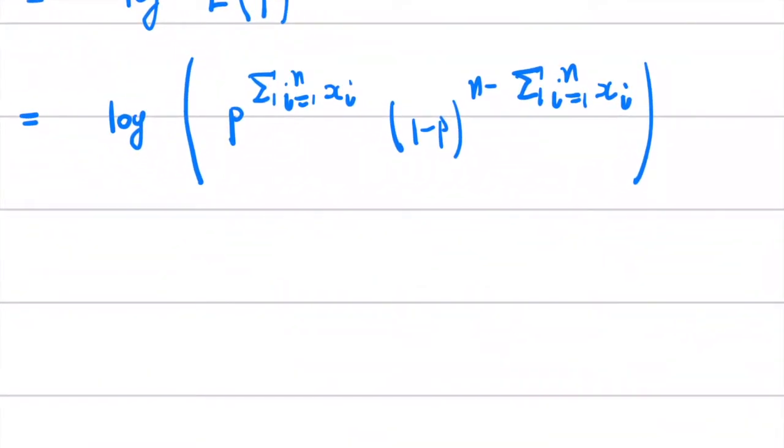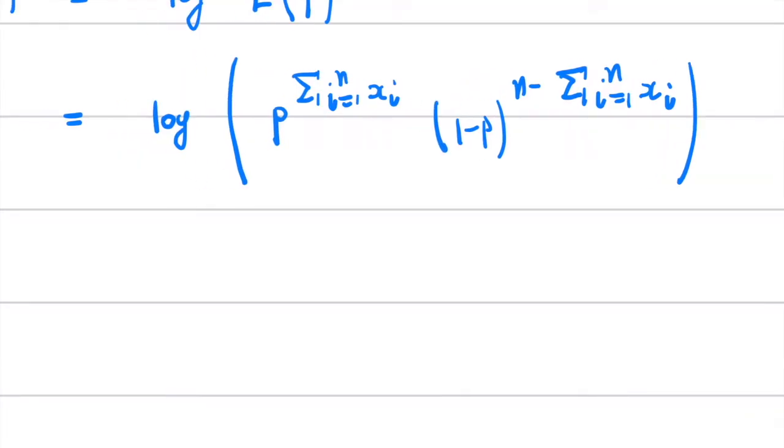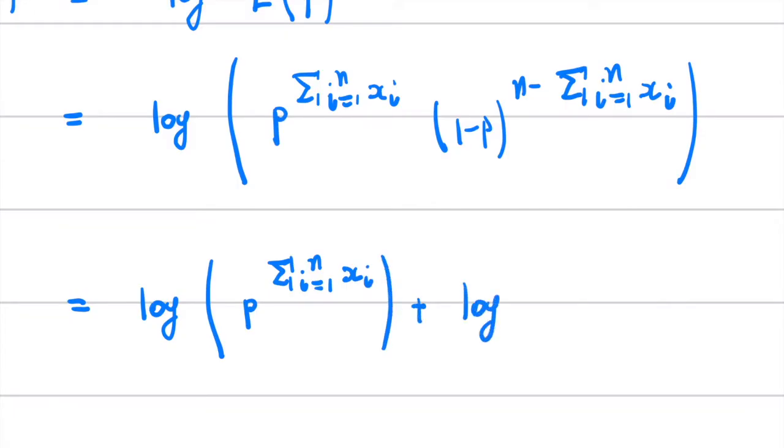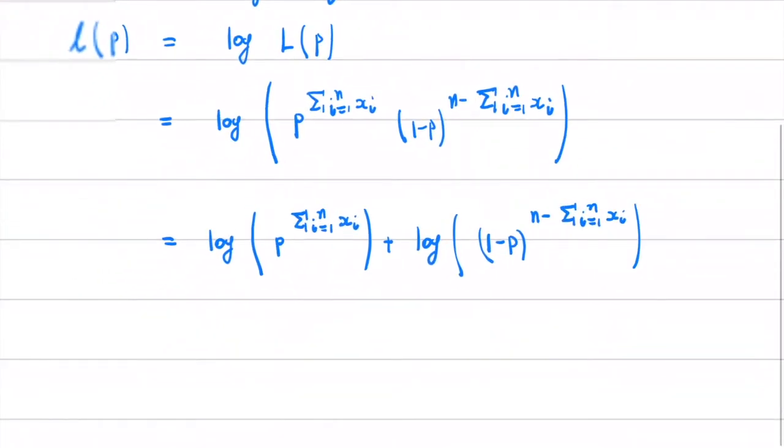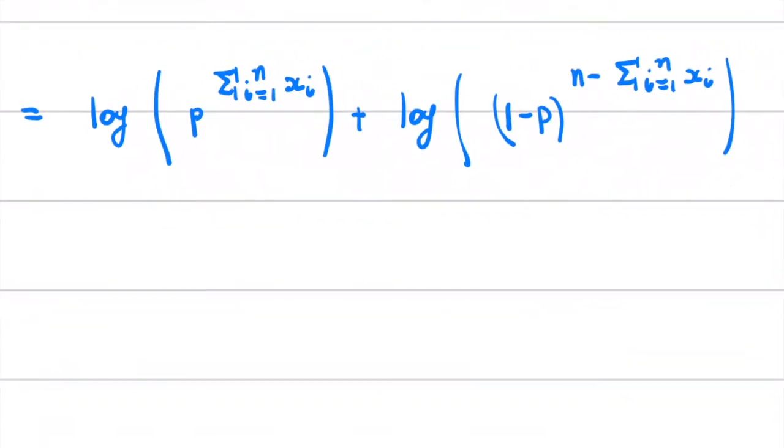Okay, so now we're going to try and do some simplification here. The first thing we're going to notice is we're going to use our log laws. So remember, when we have the log of a product, it becomes the sum of logs. So the first thing that this becomes is log of p to the sum from i equals 1 to n of xi, plus log of 1 minus p to the n minus the sum from i equals 1 to n of xi. Now we're going to use some further log laws.